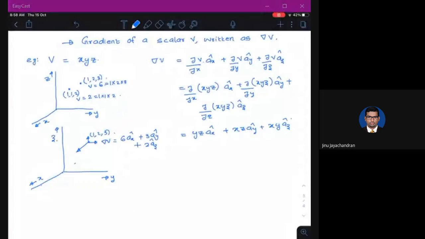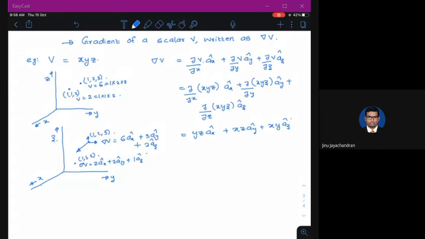Similarly, at the point (1, 1, 2), you will have del v equal to 2 ax cap plus 2 ay cap plus 1 az cap. And so this point now also will have some direction. So the del operator converts a scalar into a vector.